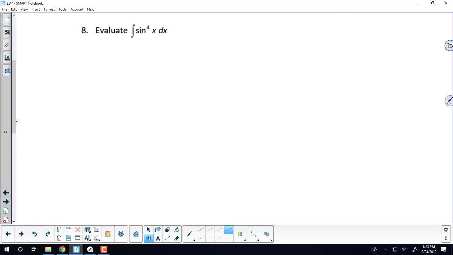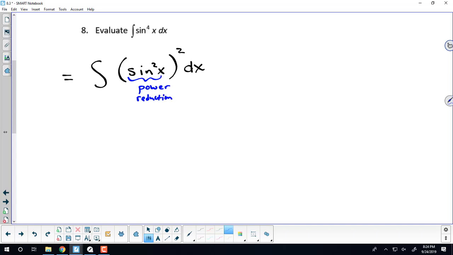So we take sine to the 4th, and we write that as sine squared squared. And then we use the power reduction on sine squared. So we're going to rewrite sine squared as 1/2 times 1 minus cosine of 2x.